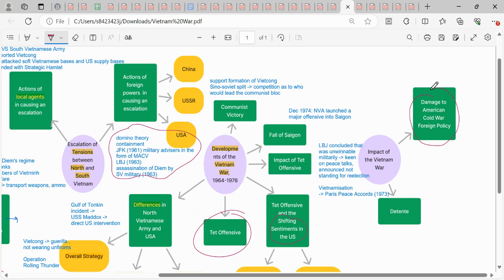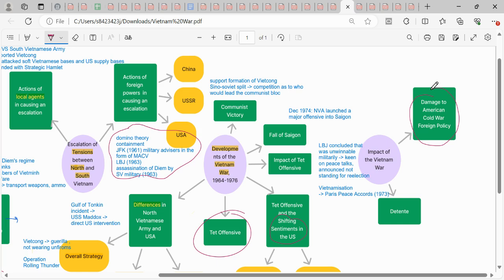The idea was to keep ASEAN free from foreign interference. There were initially fears that communism would spread, that the dominant theory would take shape in Southeast Asia. It did not, and it did eventually usher in a period of stability. I would say it wasn't. Southeast Asia was not stable in the 1970s, with Cambodia and Laos also facing issues.